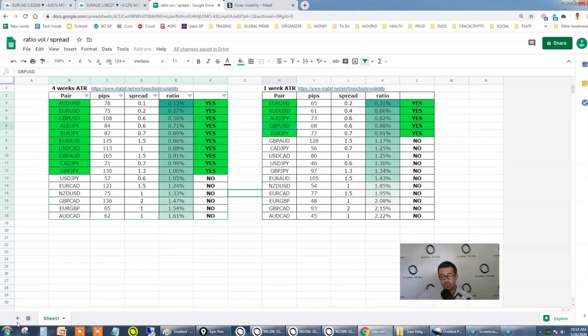The higher you go onto your time frames, into the daily, into the 4 hour, the less relevant this information is going to be, because remember that it is all about the size of your stop loss and how that relates to both the volatility that you're going to be expecting on a daily basis and also the spread that you're going to be paying on that pair. You always want to be stacking the highest odds in your favor the moment you open up a position in the lower time frames.